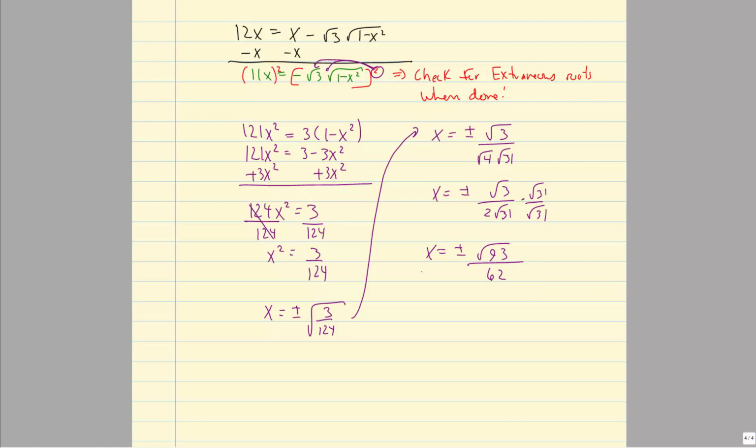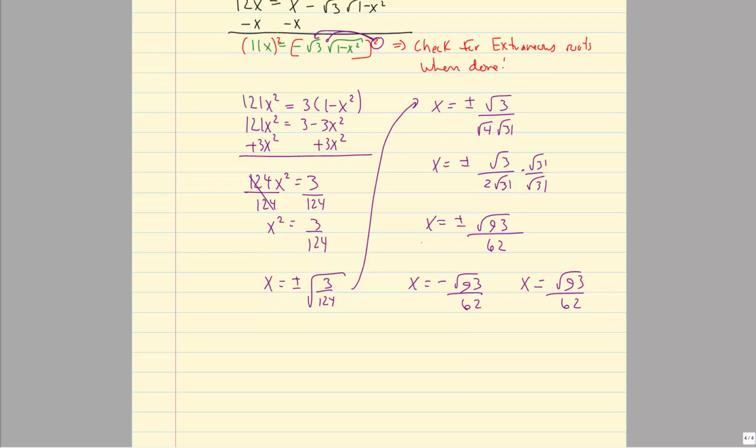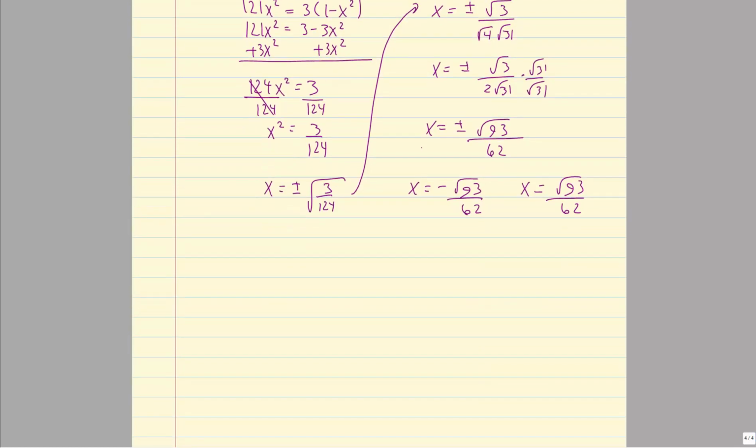So I have two solutions here. I have x equal negative root 93 over 62 and x equal positive root 93 over 62. Now these may or may not both be right. I have to check. Okay, so let's go ahead and check these. I think the easiest way to check these would be to plug them in to your calculator. Another way you could check them is by graphing and getting a decimal approximation.